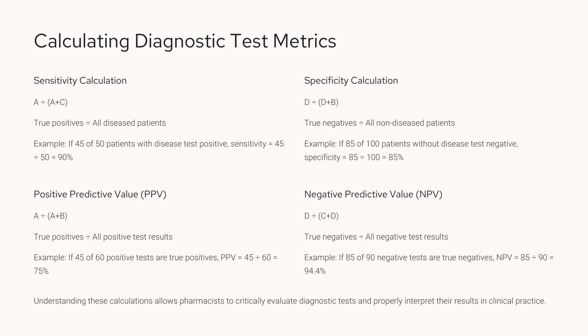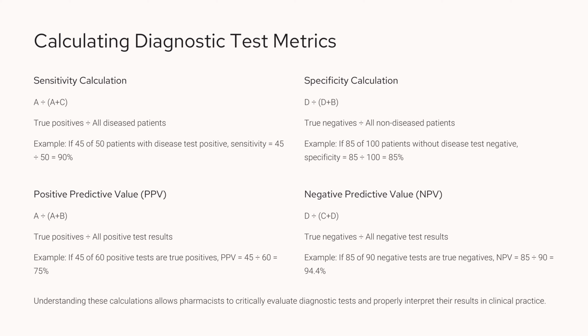And this should remind you of doing incidence and prevalence types of calculations. So if 45 of 50 patients with a disease test positive, then the calculation would be 45 divided by 50, which is 90%. In contrast, when you want to do the positive predictive value, then you're going to do A divided by A plus B, which would be, instead of all disease patients, all positive test results in the denominator.